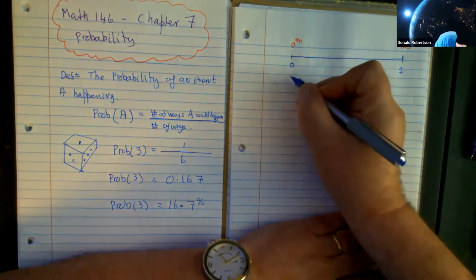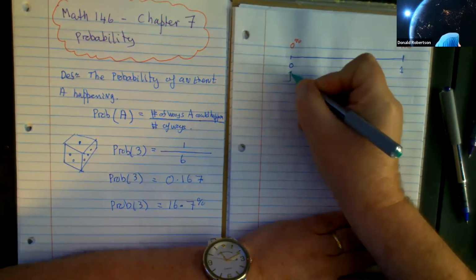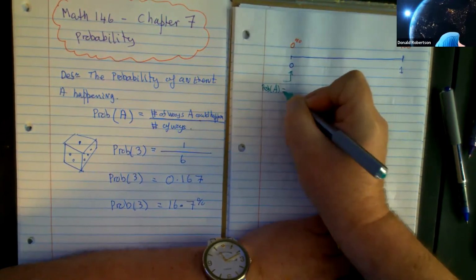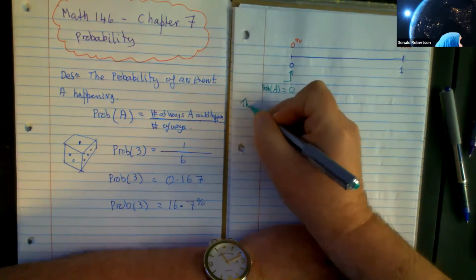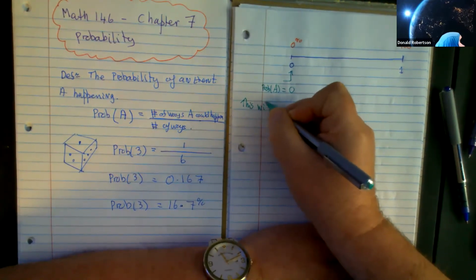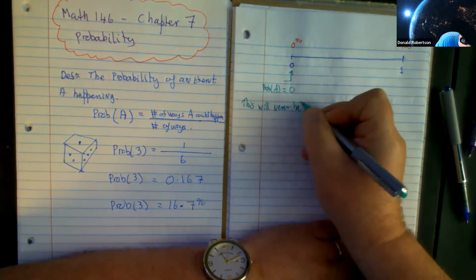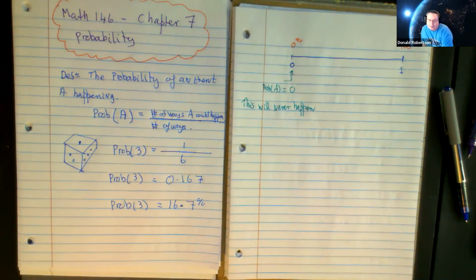So let's look at the extremes. If the probability of an event is 0, that essentially means this will never happen. So events that have a probability of 0 can't happen.